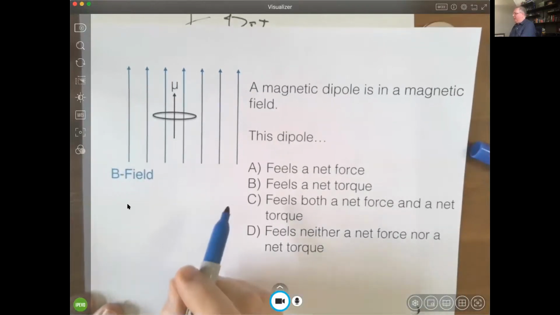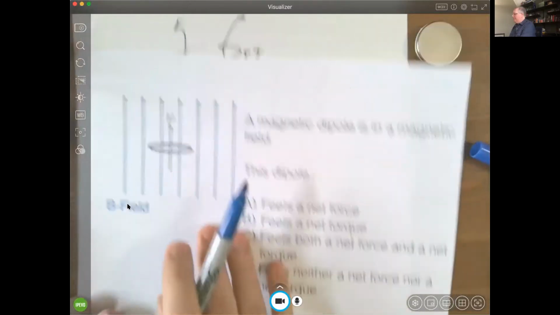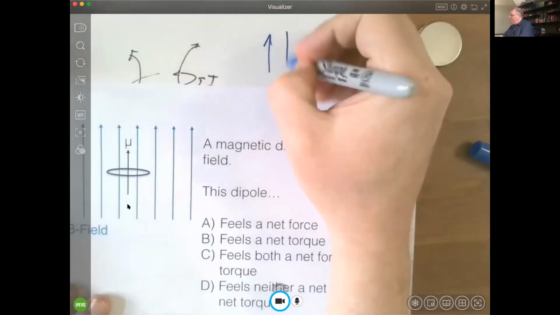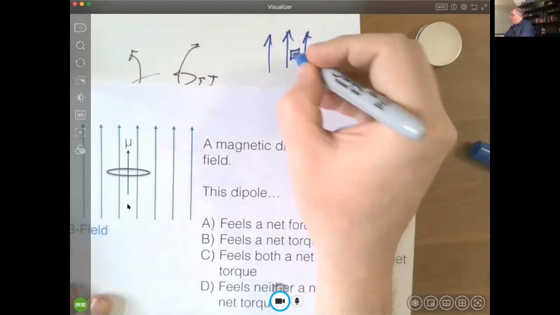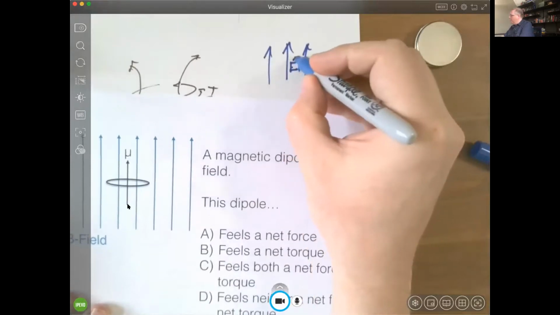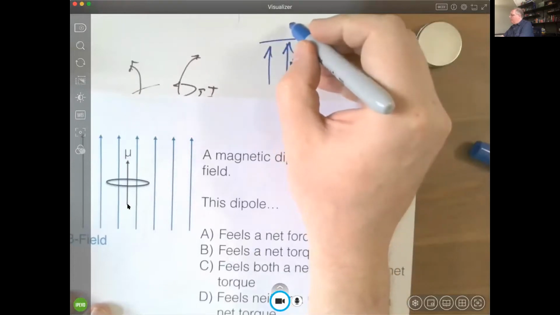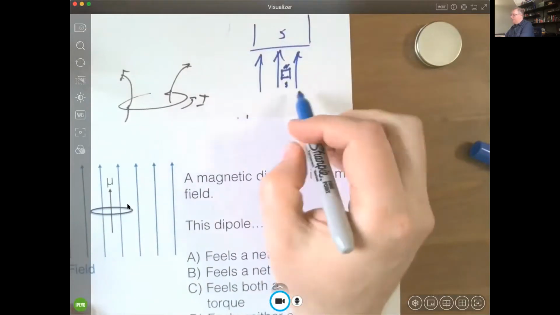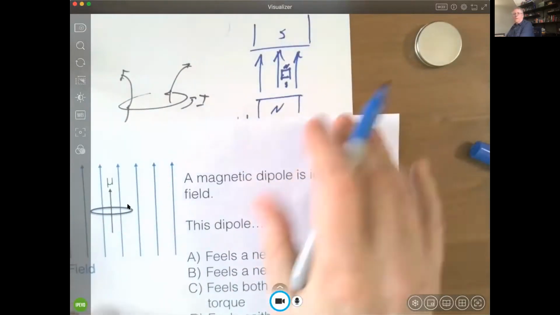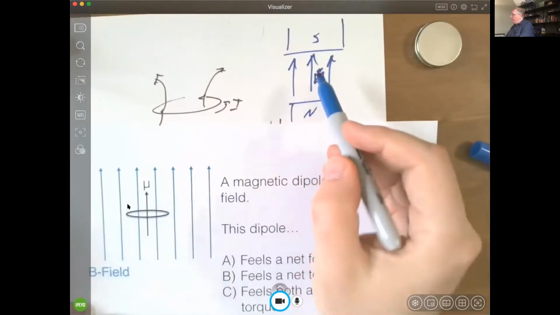So there's two ways to think about this, right? If this is a little magnet, where's the North Pole? If we zoom out, this little current loop looks like a little magnet, with the North Pole pointing up.